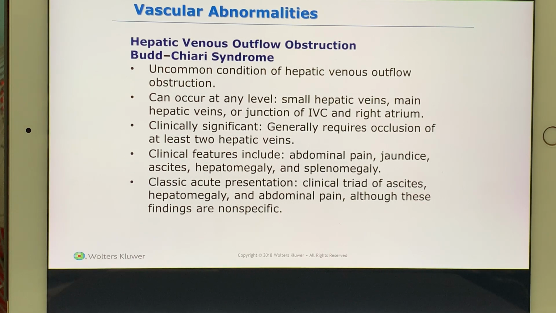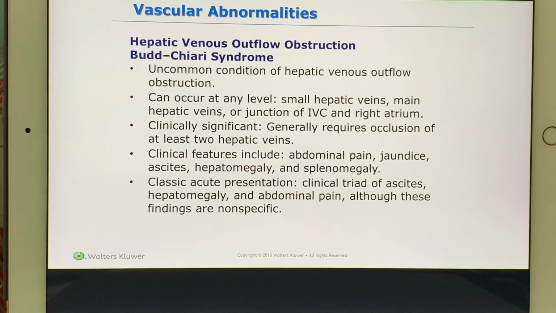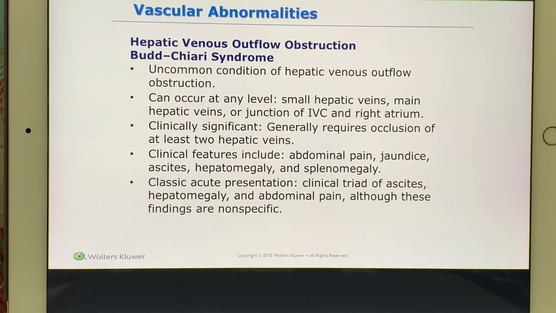You have to find occlusion of at least 2 hepatic veins or the IVC, because it can go into the IVC from the hepatic vein. Then we can call it Budd-Chiari. So Budd-Chiari is obstruction of 2 hepatic veins at any level, and sometimes it will be at the junction of the IVC and the right atrium.